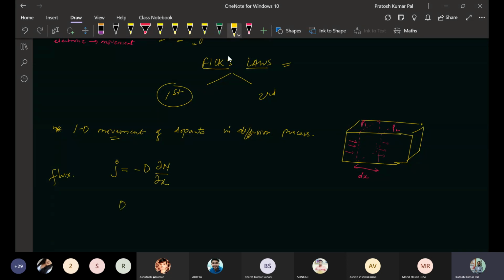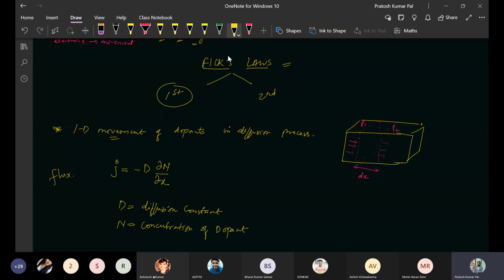Here D is your diffusion constant, which we have already seen in the previous lecture, and n defines the concentration of dopant, and dx is the distance between these two planes, the incremental distance.